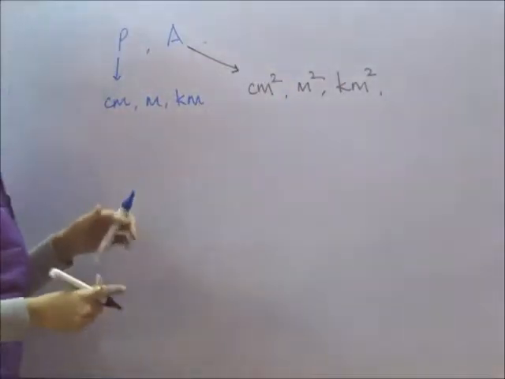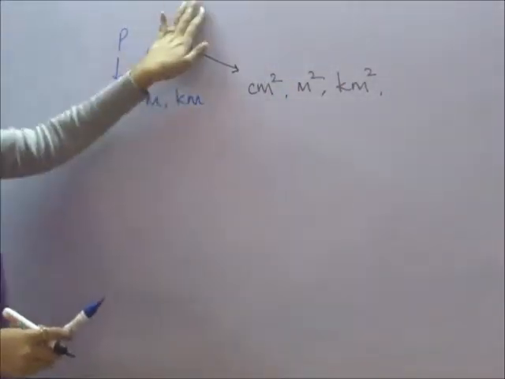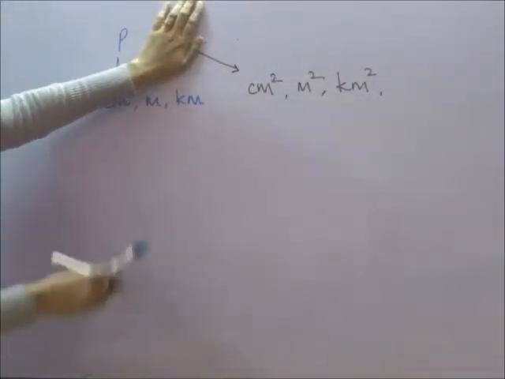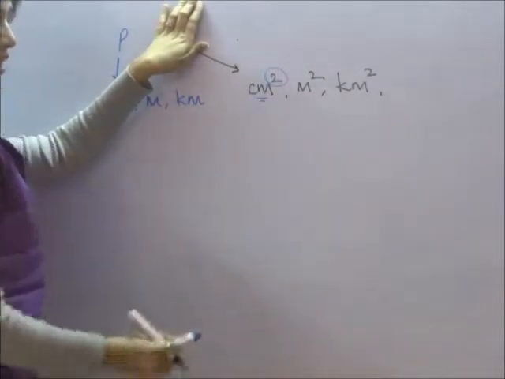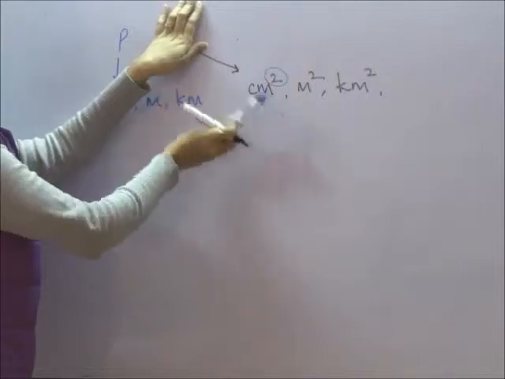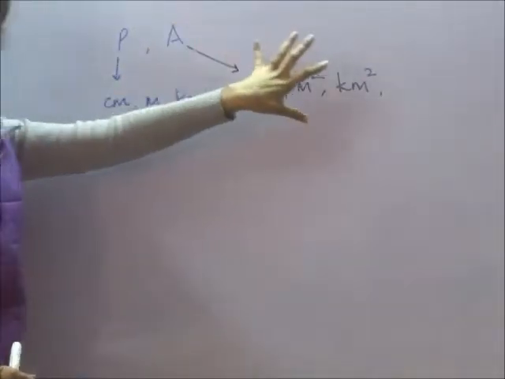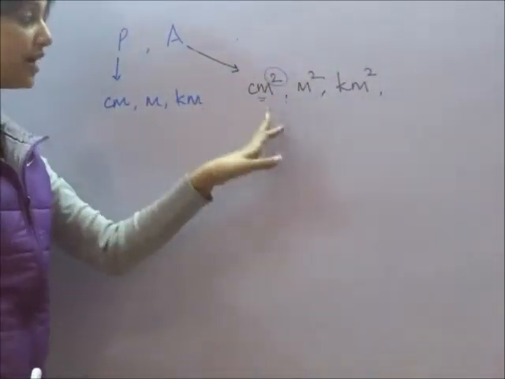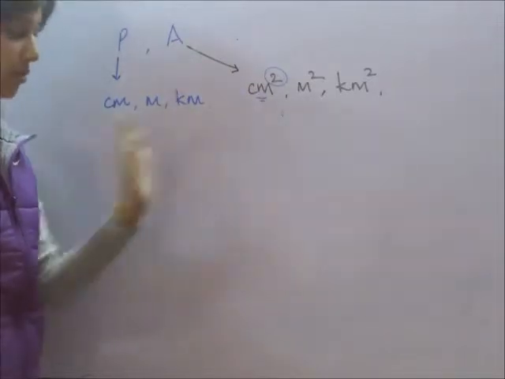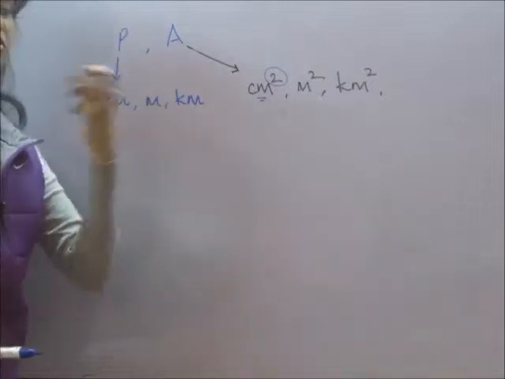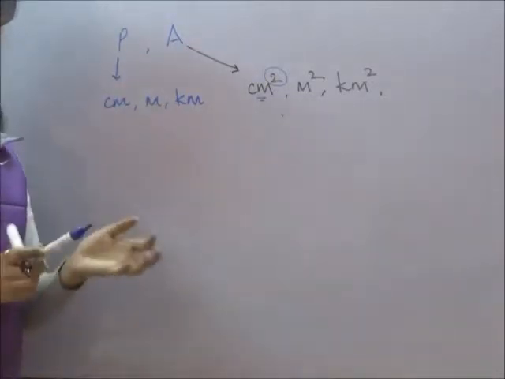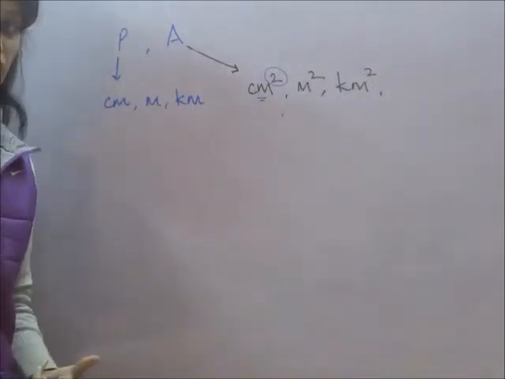In any question, if they have not even mentioned that it is the area, but if the unit is square, you know that it is the area. This is one trick to find out, when some word problem comes, you have to extract the information from there and then make the equation and then solve.